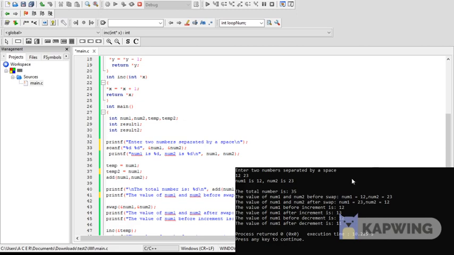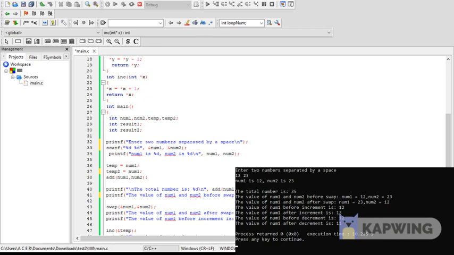Okay, so for the value before increment, it was said that before the increment, y minus 1 for the after decrement. So x plus 1.